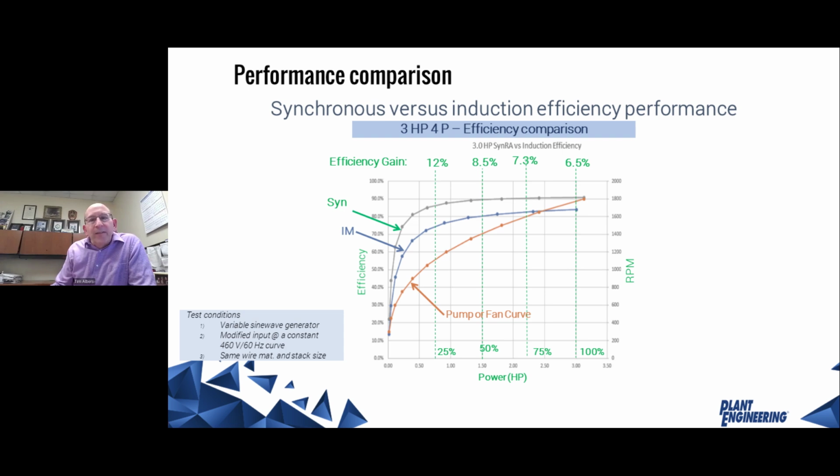What it shows here is, if you look out here at full load, you're going to save maybe 5 or 6% in efficiency, might even only be a few percent if it's a larger horsepower, at full load of a synchronous versus an induction motor.